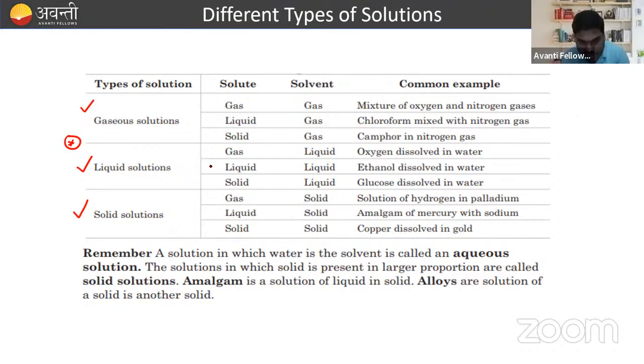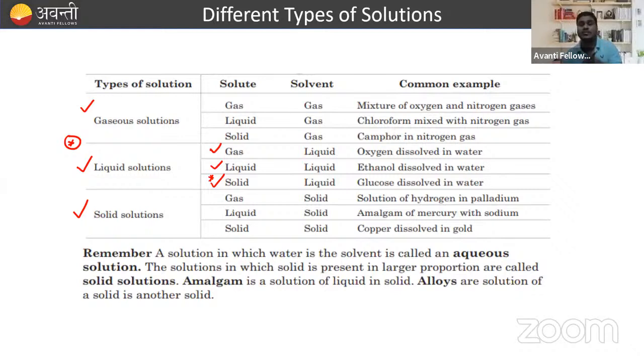We are going to see this also, that is liquid in liquid. In this we are going to see the vapor pressure, Raoult's law, and lots of things. Liquid solution. And the last and the most important thing, that is when the solid dissolves in liquid. And this one you can easily identify, that is glucose. We take glucose and dissolve in water. We take salt and dissolve in water.